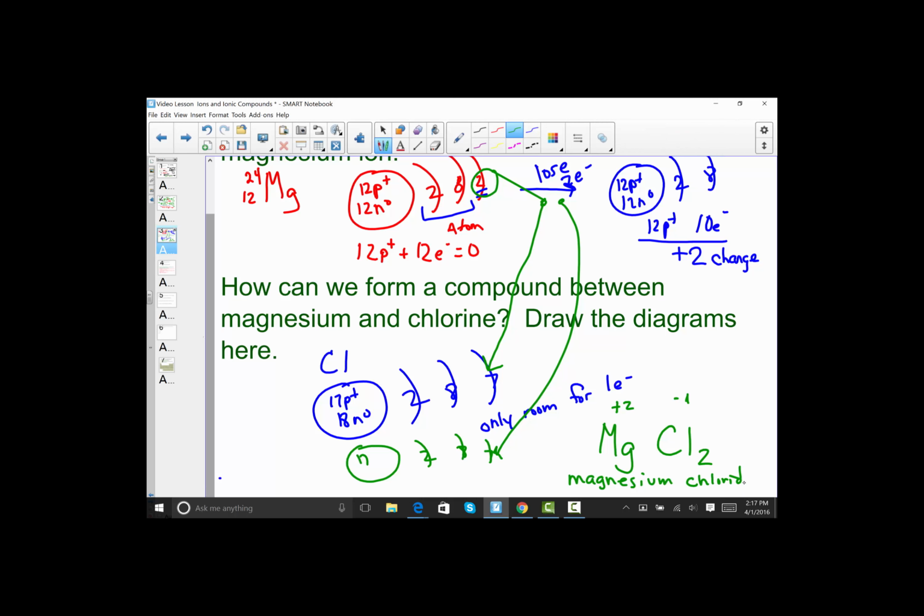We say the name of the positive, say the name of the negative, but end it in "ide." If magnesium loses 2 electrons, it's going to take 2 chlorines to neutralize it, to make room to take in 1 electron into the first and the second electron down here. The subscript, that's a vocabulary word, the subscript is telling us it takes 2 chlorines to balance the magnesium's charge.